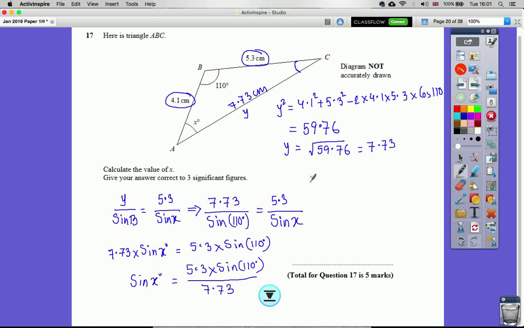So the value of x will be sine inverse of 5.3 times sine 110 over 7.73. So let's work this one out first.